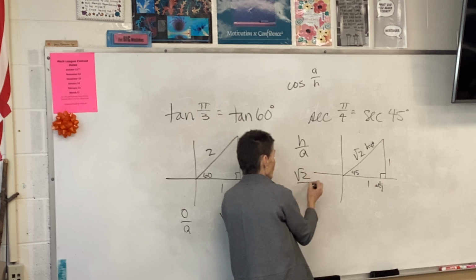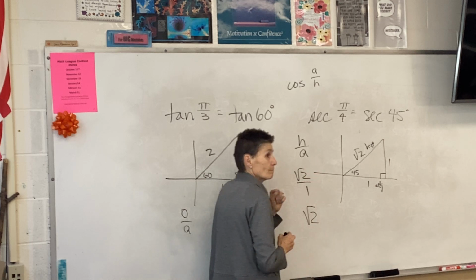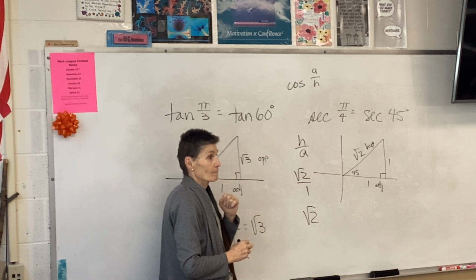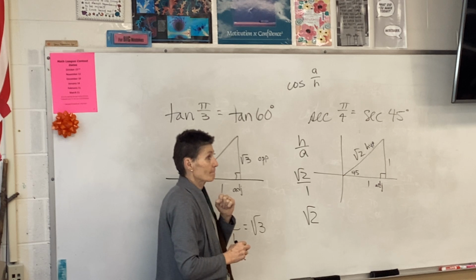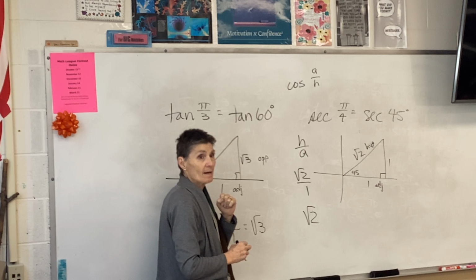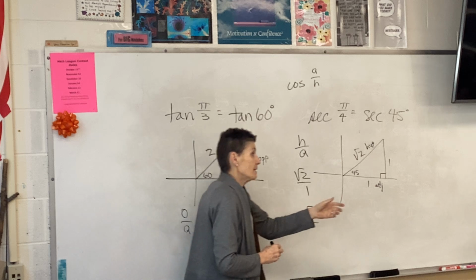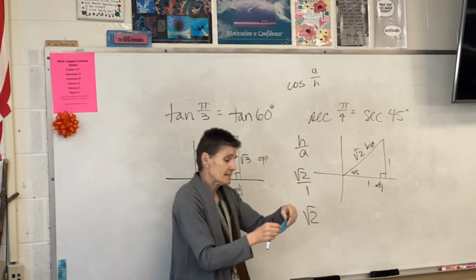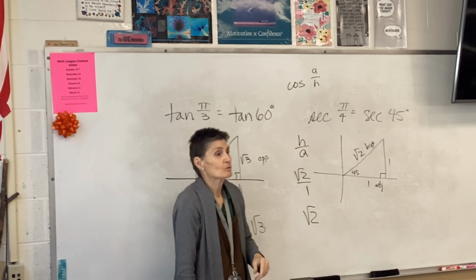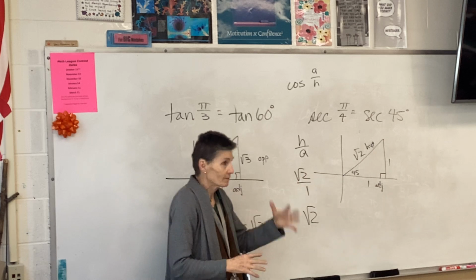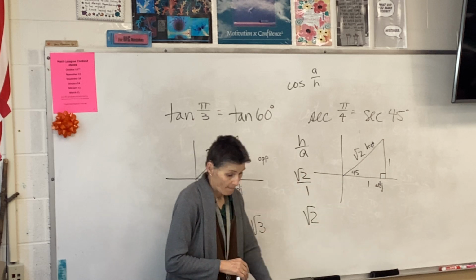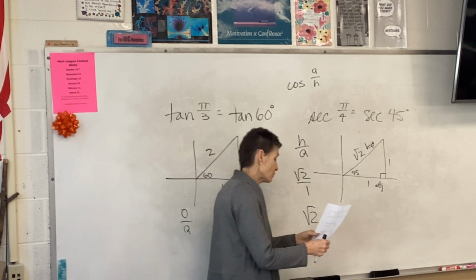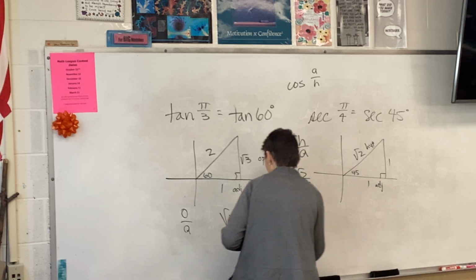Root 2 over 1 or root 2. Everybody agree with that? Okay, that is easy, but there's so much to kind of keep track of as you do it. All right, and finally number 12, last one.